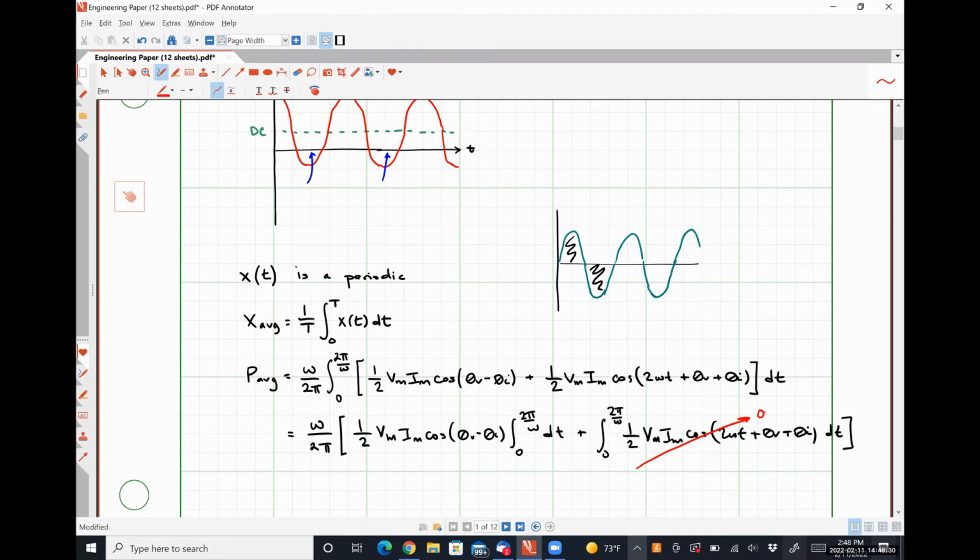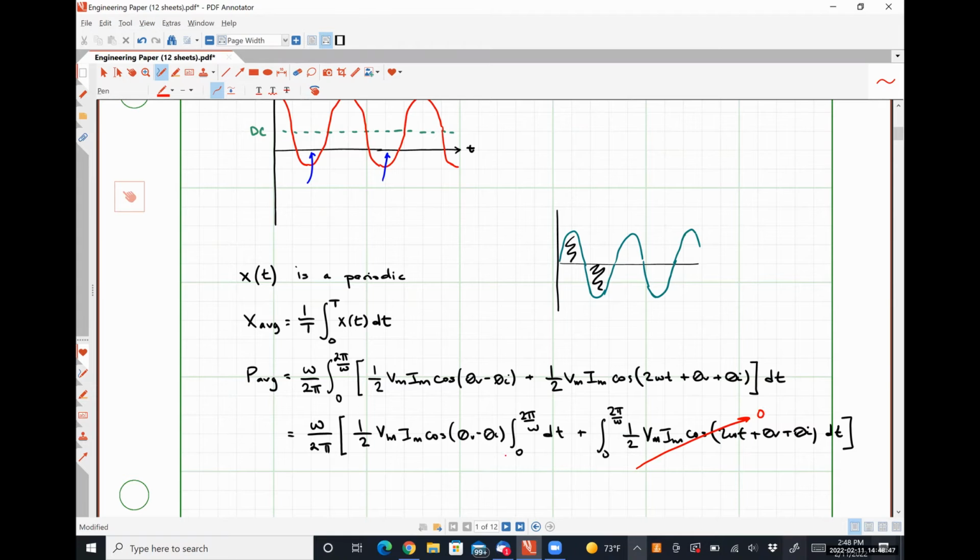Let's look at this left-hand integral, right? We're just integrating time from 0 to 2 pi over omega, which is just like multiplying by a factor of 2 pi over omega.